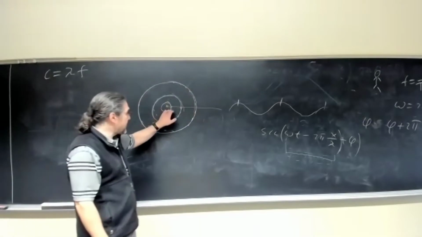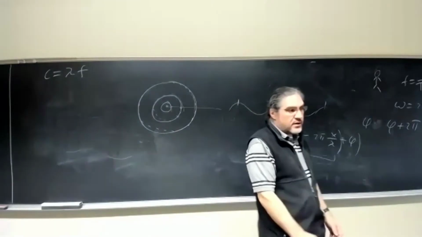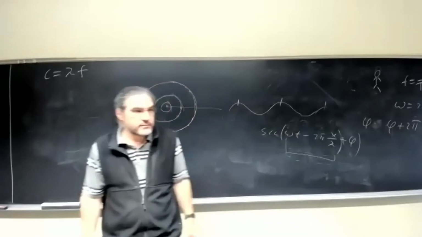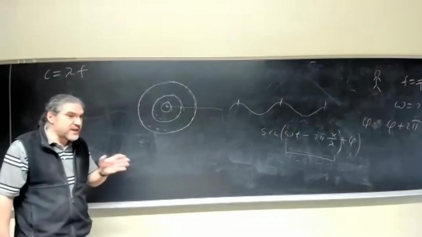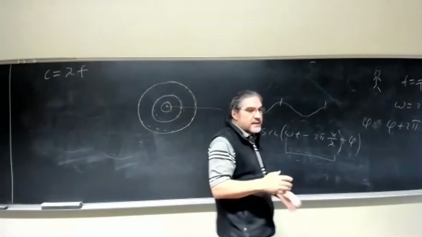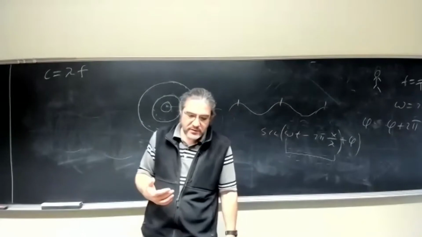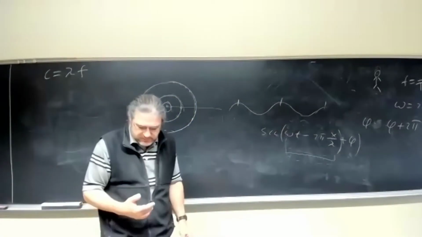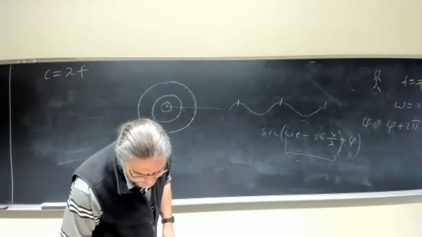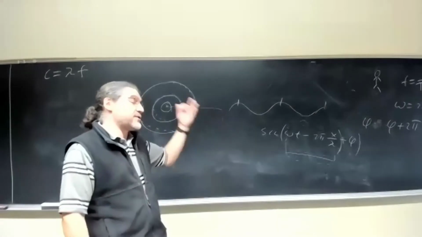Meaning that if this is maximum, this is maximum, this is maximum, it is the same phase of our wave, right? So lines of the same phase, when you have propagation in 3 dimensions or 2 dimensions, are called, what is this called? Wave front, sorry.